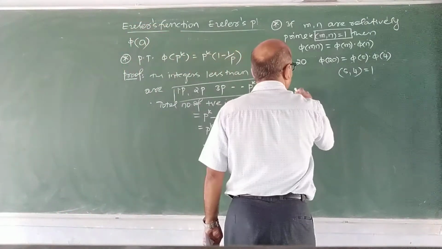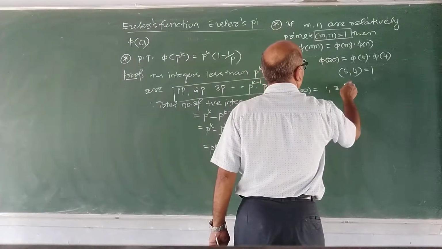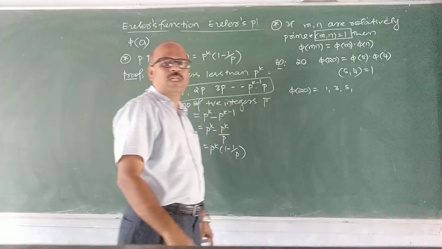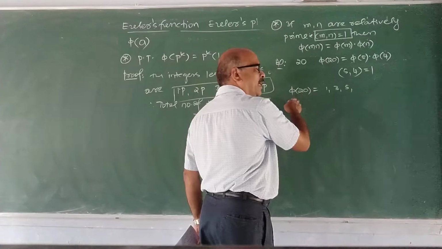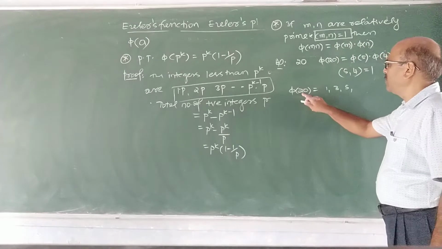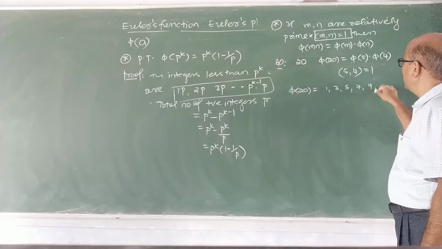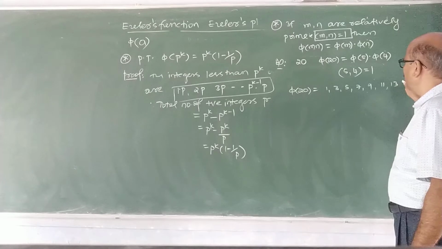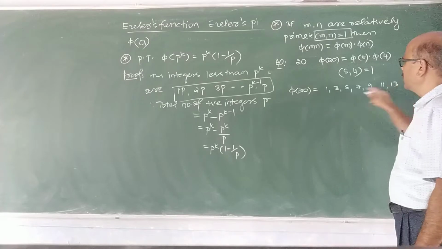Now you can verify this. What is phi of 20? Phi of 20 means all the integers less than 20 and relatively prime to 20, by the Euler's function definition. 1, 3, 7, 9, 11, 13, 17, 19. 5, 6, 14, 15, 16 and 18 are not relatively prime to 20.